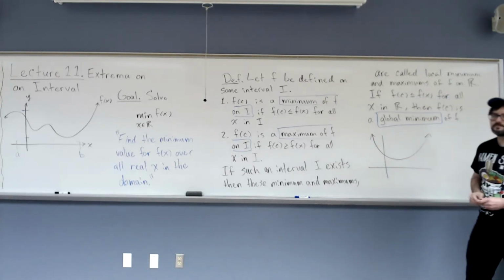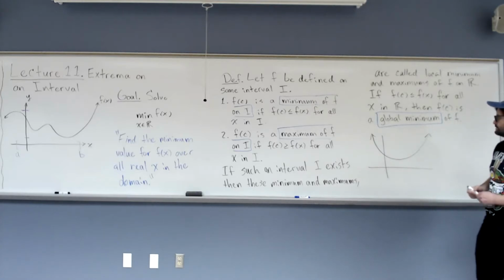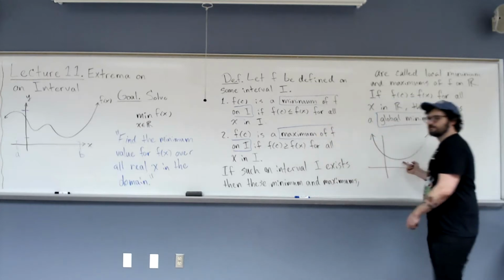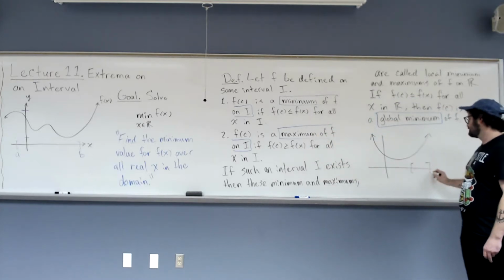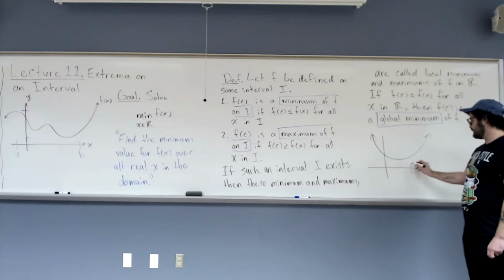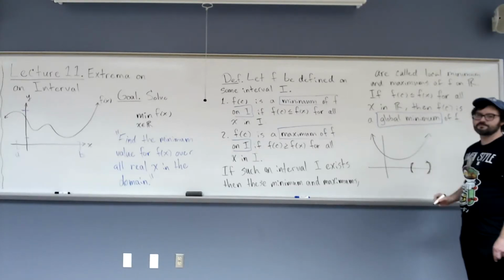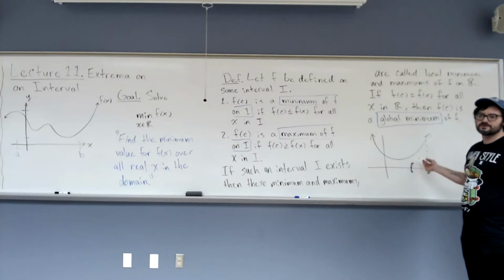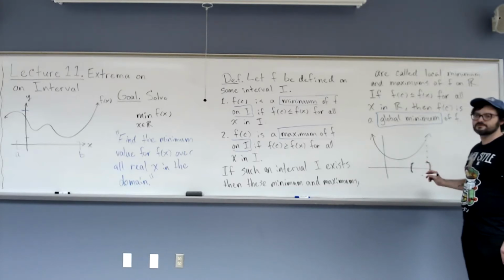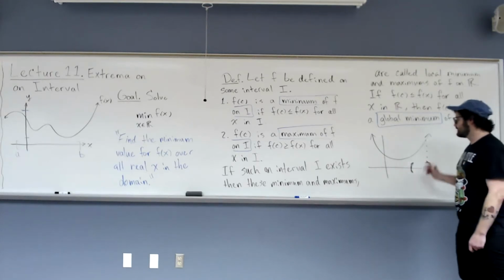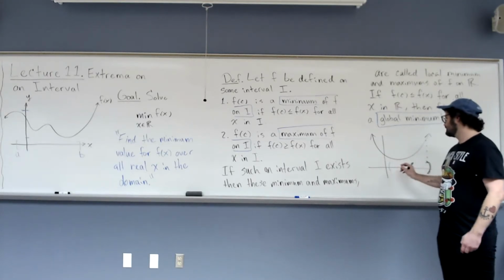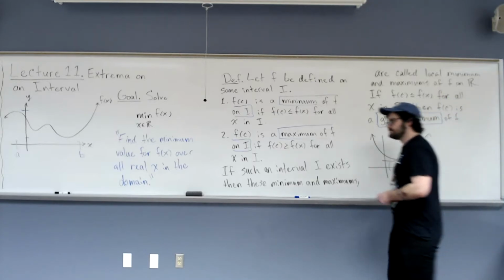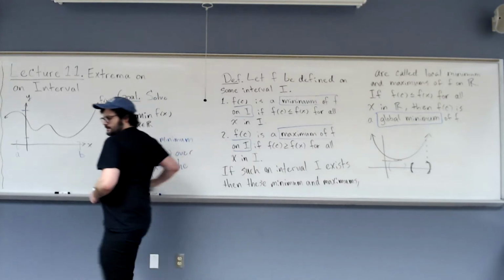In fact, if you try to find any intervals other than around this, if you look at this interval right here, if you look at an open interval, right there, then if you look at the function's values, there is no minimum, there is no maximum, because you're not including the endpoints, right? So the only interval that would have such a thing would be something right there, and then there would be a possible minimum in the interval. Okay.